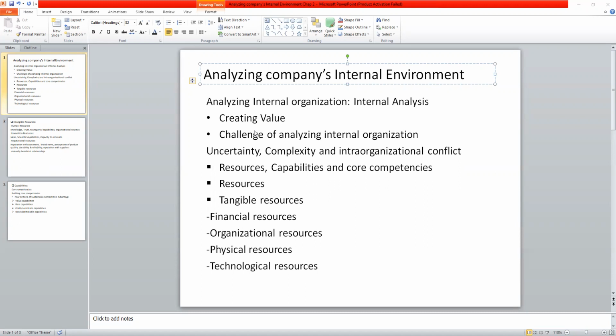Now, coming to resources, capabilities, and core competencies. These are the foundation of the competitive advantage, and the organizational strategies rest upon these pillars. The resources are bundled to create organizational capabilities. These capabilities are the firm's strengths.